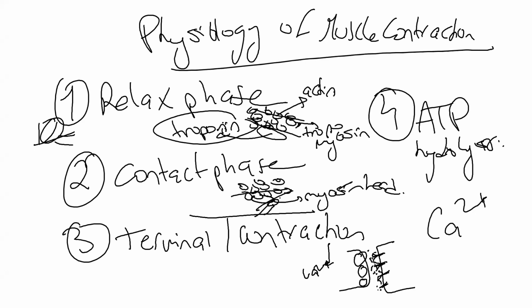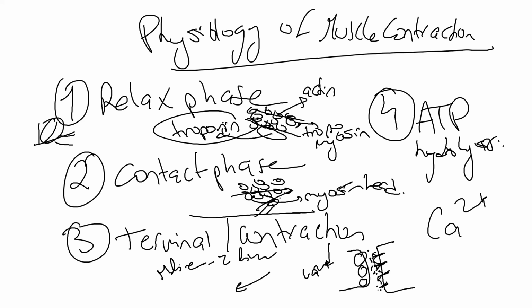The M line and the Z line will get close to each other. Okay? When do the M line and Z line get close to each other? In the third phase, which is the termination or the contraction phase.